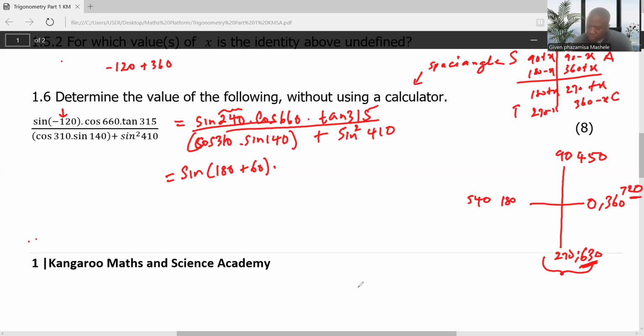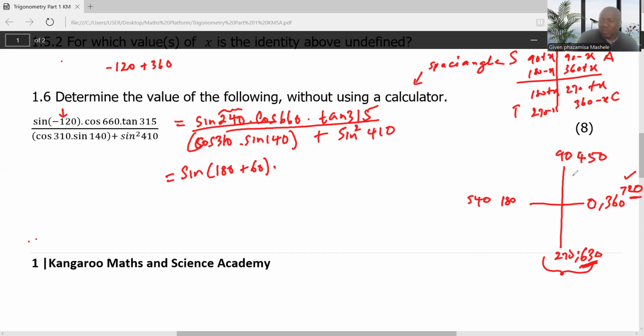If you're using 630, your ratio must change. But if you're using 720, your ratio will not change. So we can choose to use 720 or 630. If you're using 630, remember your ratio must change. So you can use both. But on my side, since I don't want to change my ratio, I will use 720.